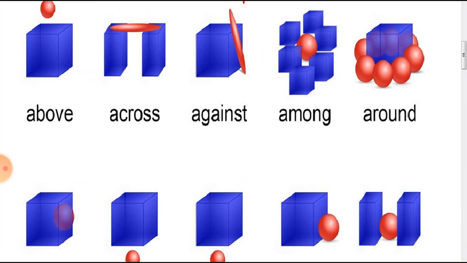Even another preposition is there, that is among, and I think, dear student, you know about among. So let's try to understand about among as a preposition. Here you can see in the picture that many blue boxes are there, and in the between or in the center of all these blue boxes one red ball is there.